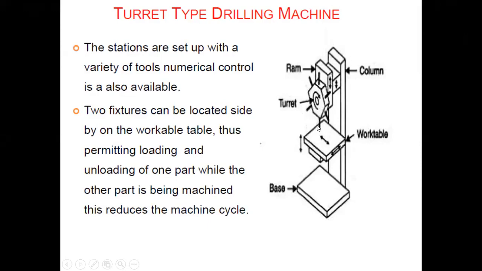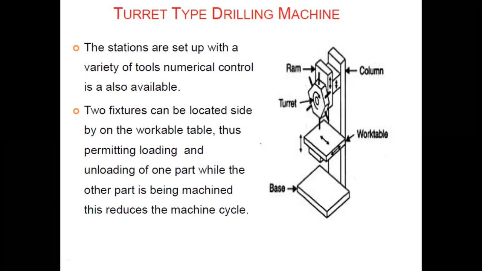In addition to drilling, we have other operations like reaming, tapping, and so on. Those cutting tools can also be mounted on the different sides, so that without stopping your process, you can continue the operation. Once you have fixed the workpiece on the table, one after the other, you can perform the operations and make the finished object without any stopping.